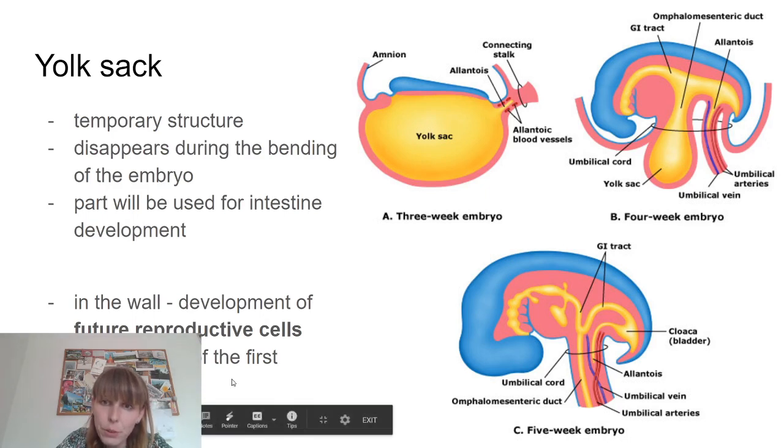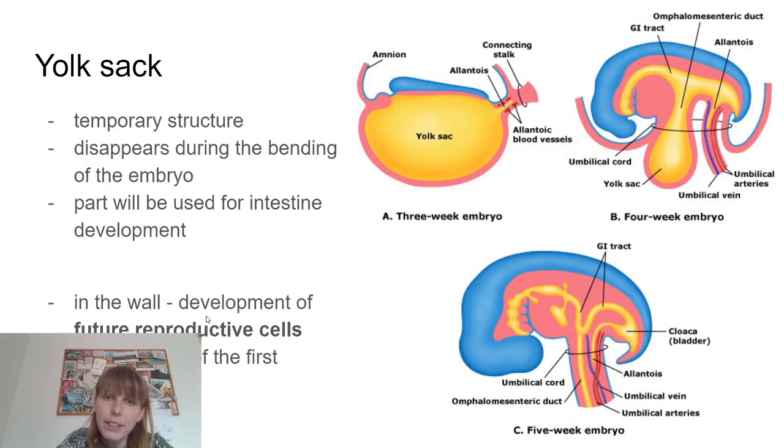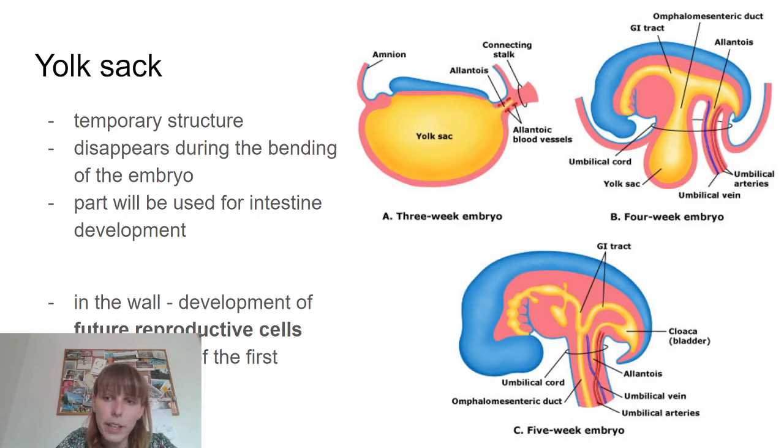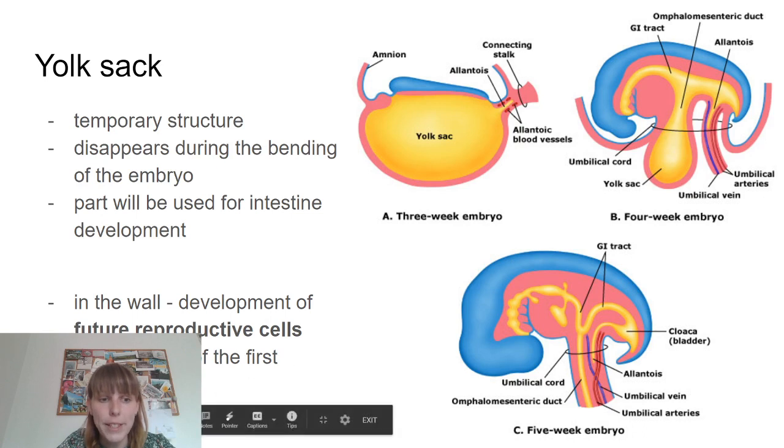Another important role of the yolk sac is that in this part of the whole embryonic tissue, this is the place where the future cells for the reproductive organs will start developing, and also it will become the place for red blood cells, or all blood cells, to be produced.